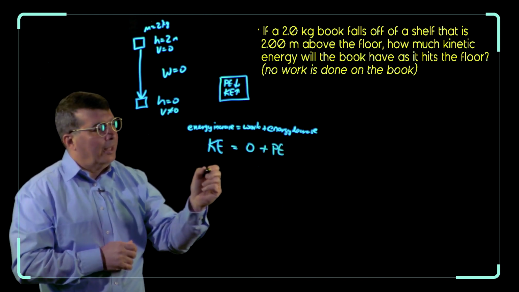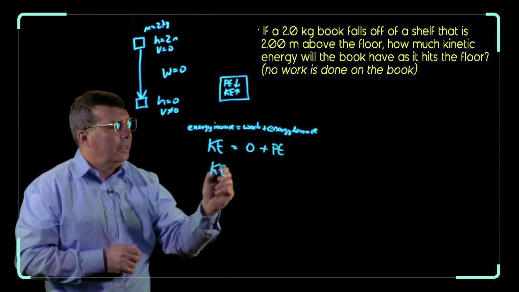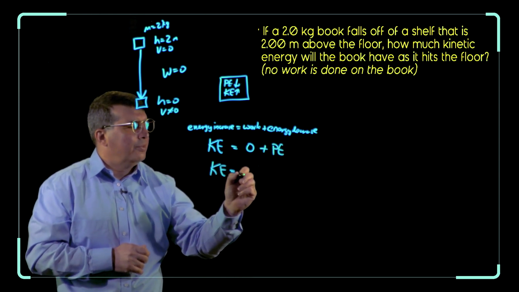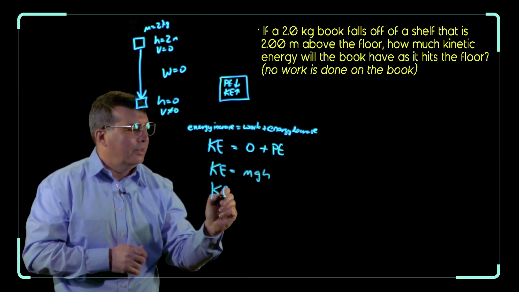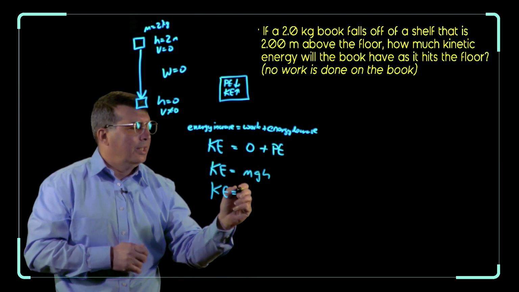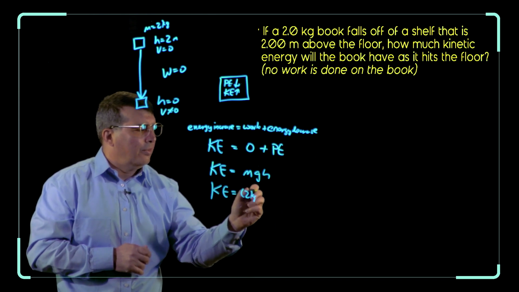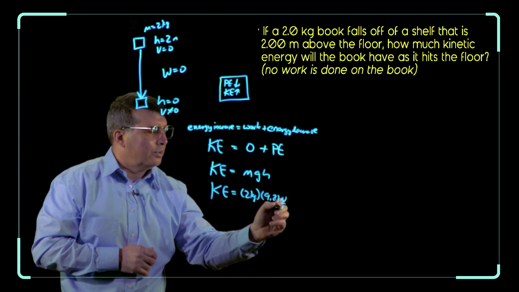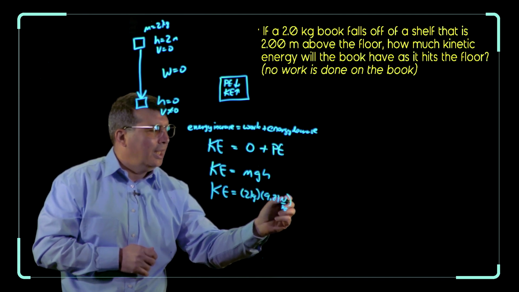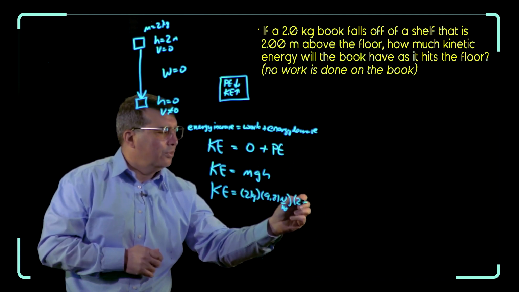All right, so there we go. Kinetic energy is equal to our potential energy, which is mass times g times height. Our kinetic energy is 2 kilograms of mass, 9.81 newtons per kilogram of g, and a height of 2 meters.